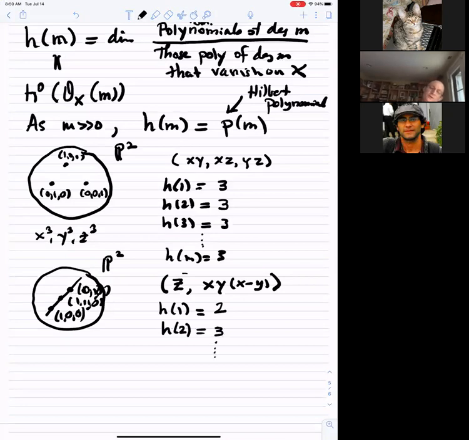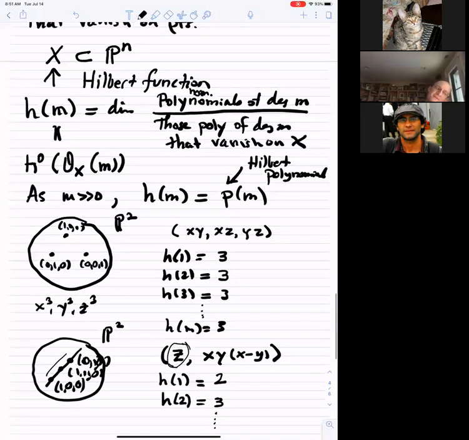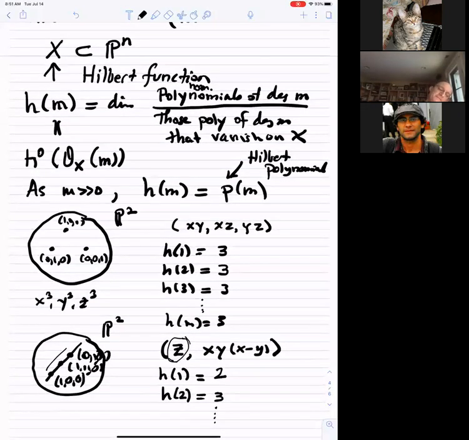For quadratics, I have x squared, y squared, xy, xz, yz, z squared. xz, yz, and z squared vanish on your scheme because z already vanishes, so you get a 3-dimensional span by x squared, xy, and y squared, and so on. So this function is not exactly a polynomial: H1 is 2, but afterwards it becomes a polynomial. All right, so this is a quick review of the Hilbert function and the Hilbert polynomial.